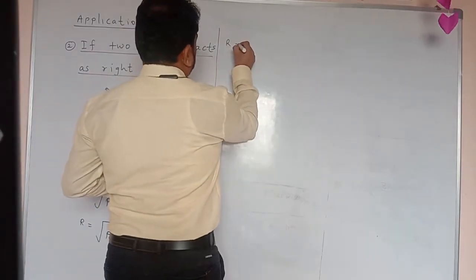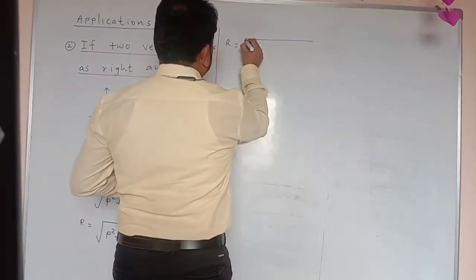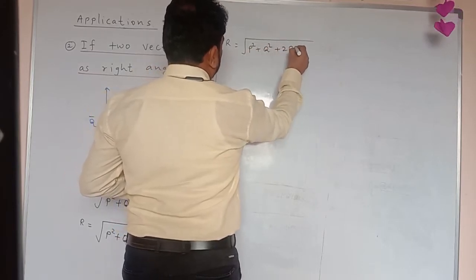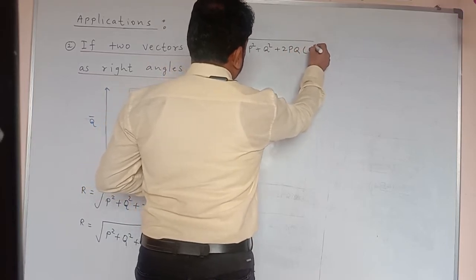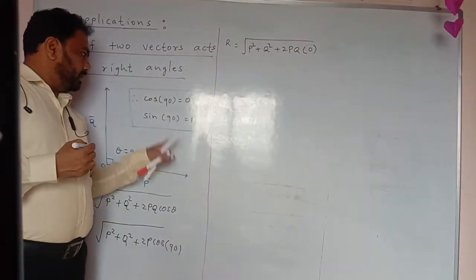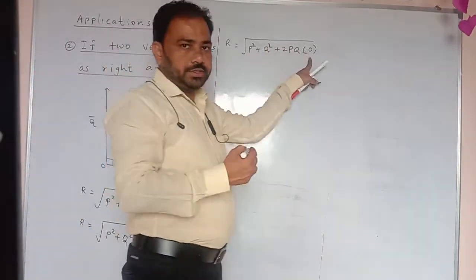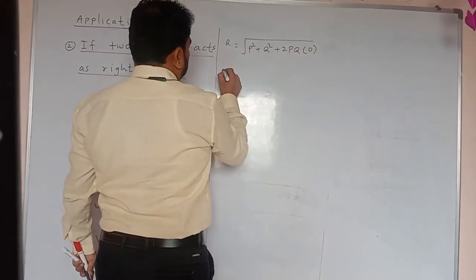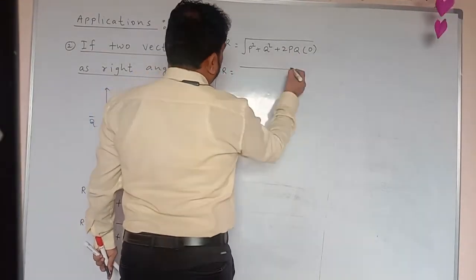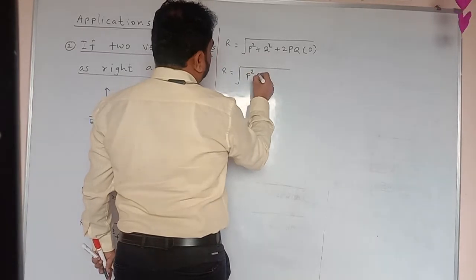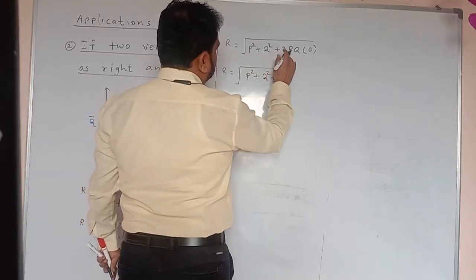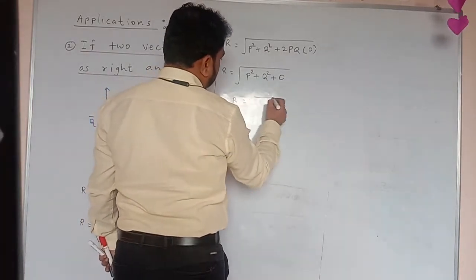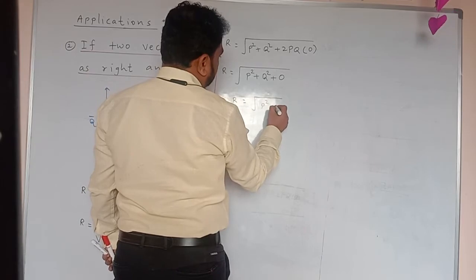So the resultant R is equal to under root P square plus Q square plus 2PQ cos 90. The value of cos 90 is 0, so 2PQ into 0 becomes 0. Therefore we can write R is equal to under root P square plus Q square.